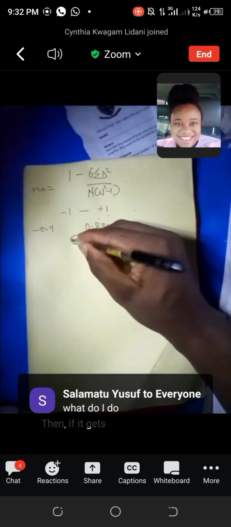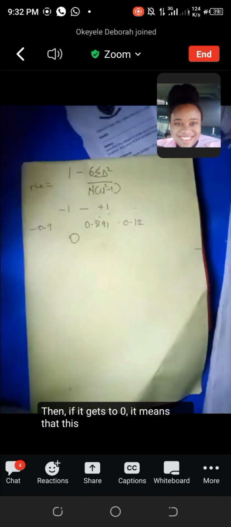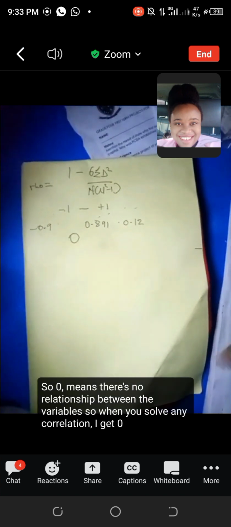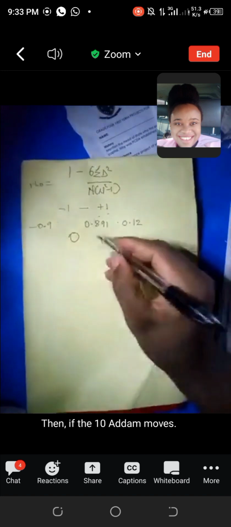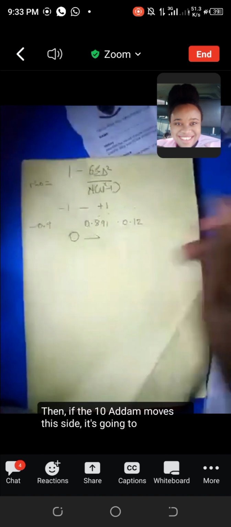Then 0 means there's no relationship between the variables. So when you solve any correlation and you get 0, it means there's no relationship. Then if the thing moves this side, it's going towards the positive. This side, it is going towards the negative.